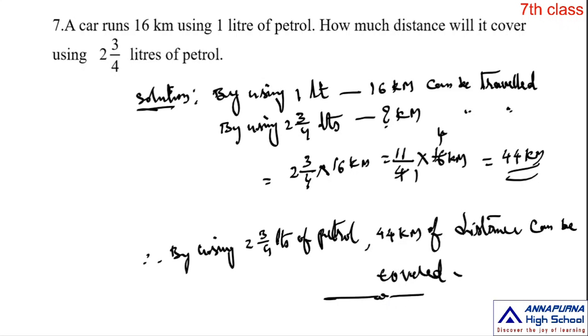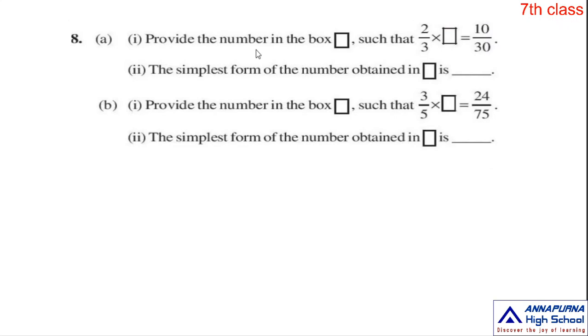So come to the next, eighth one. So these are the blanks. Provide the number in the box such that 2/3 × dash is equal to 10/30. Here, after multiplying these two numbers, we will get the product 10/30.